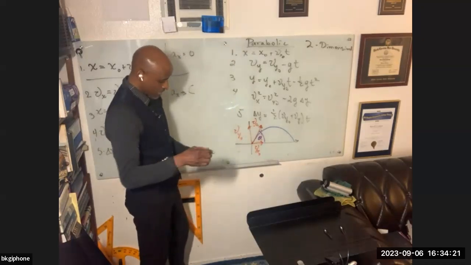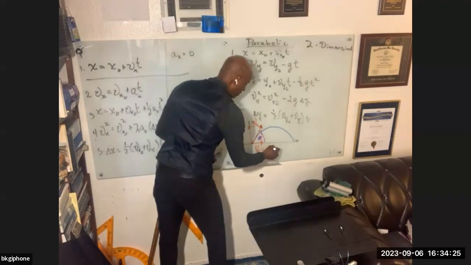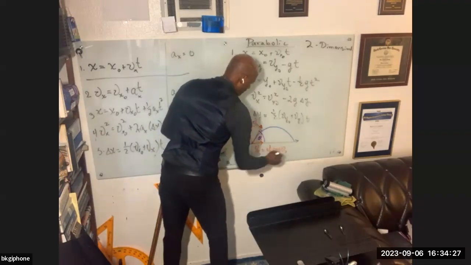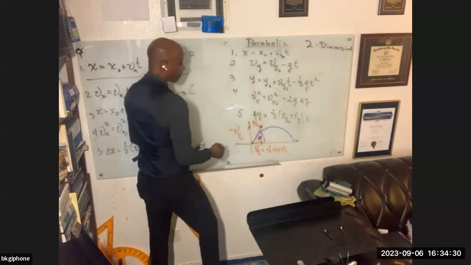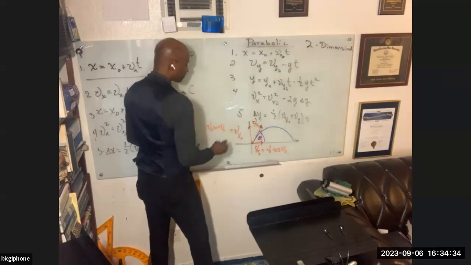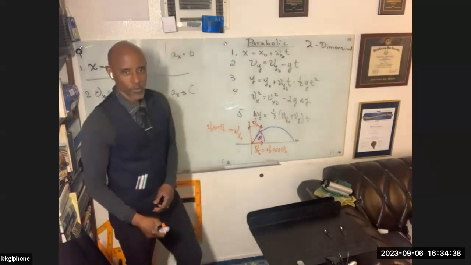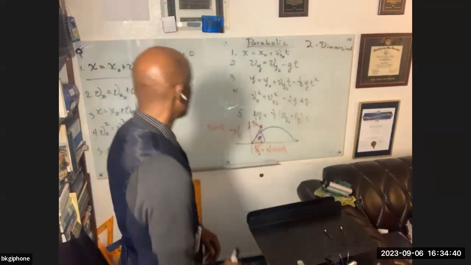So that's what she was saying there in the response. So Vx naught equals V naught times the cosine of theta naught, and Vy naught is equal to V naught times the sine of theta naught. Now, let's just stop there, because I think we ran out of time.